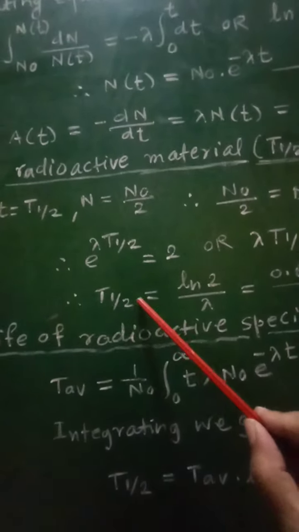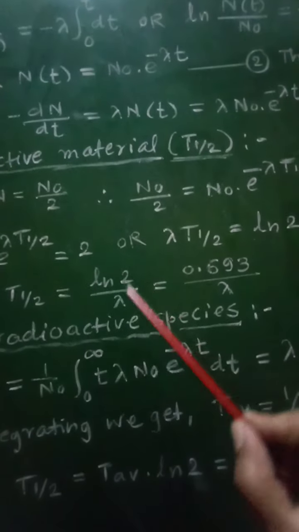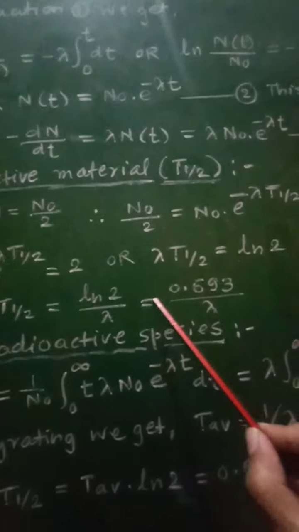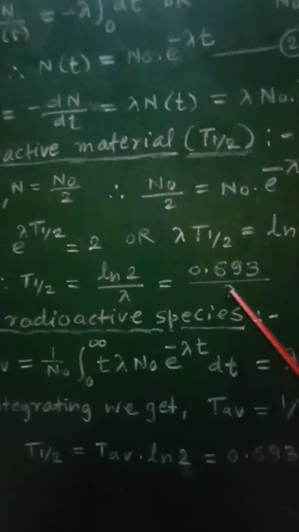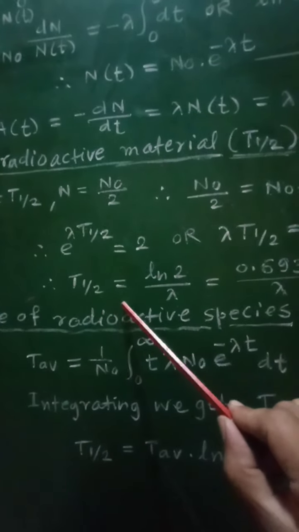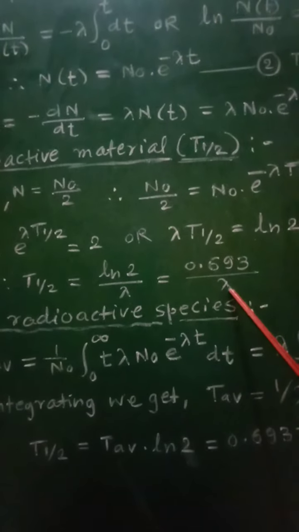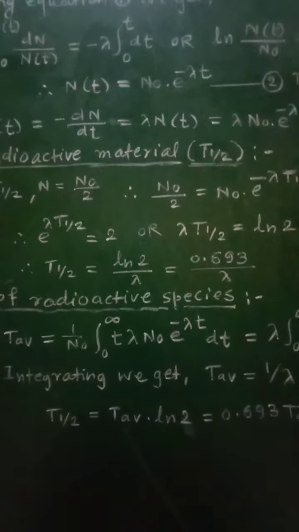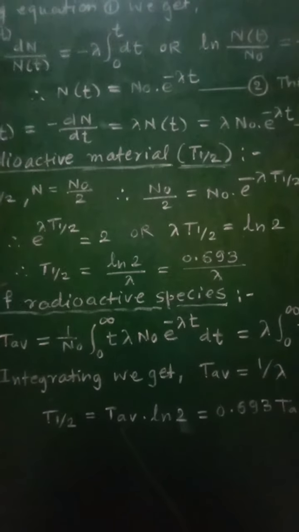From this, t half will be equal to log 2 divided by lambda, and if the value of log 2 is 0.693, the half-life is 0.693 upon lambda, that is, 0.693 upon the decay constant. So this is regarding the half-life of any radioactive material.